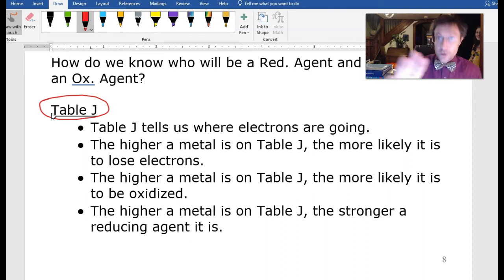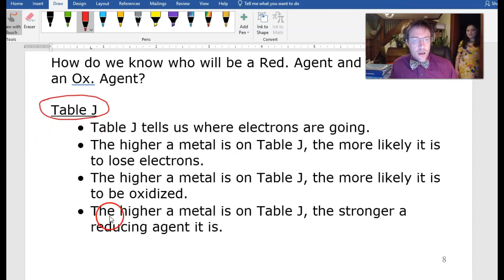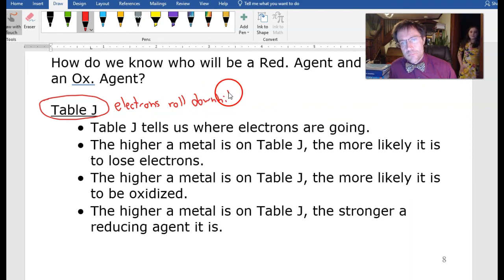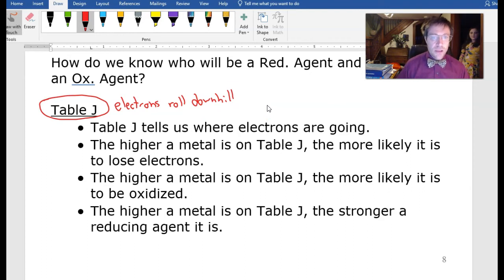Here is the third one. This is the third pillar of knowledge right here. Electrons roll downhill. Well, on table J anyway. So here's the deal. Table J tells us where electrons are going.